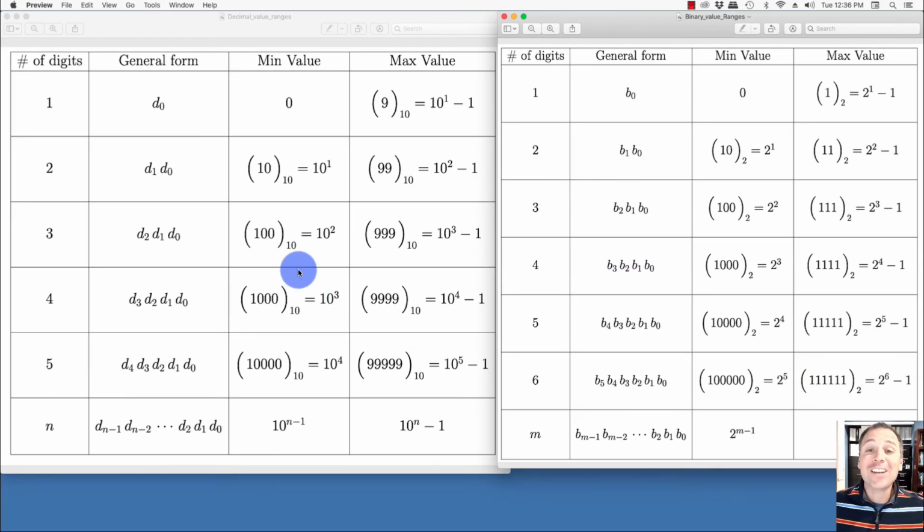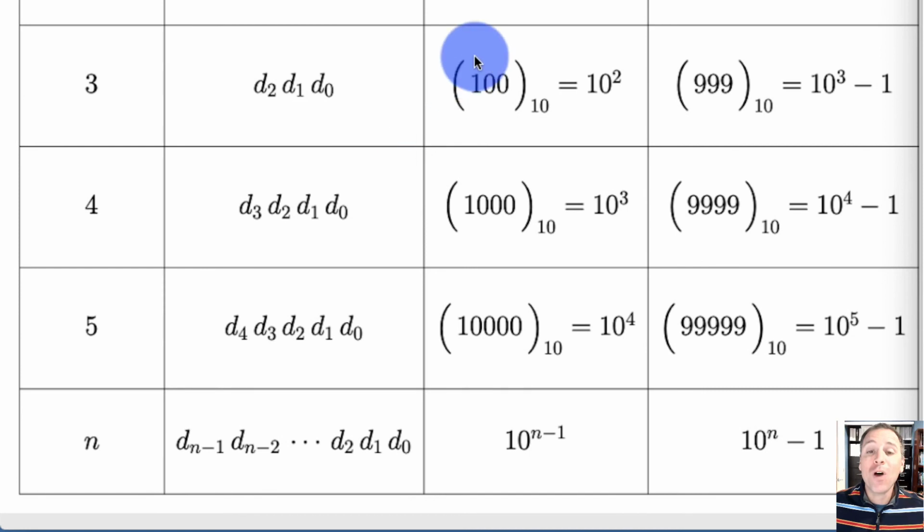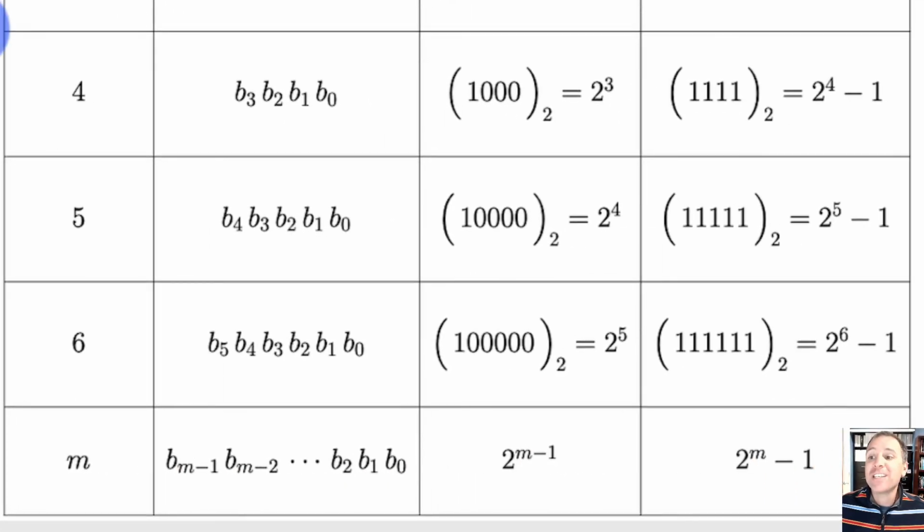This leads very naturally into today's community challenge. Specifically, we use the table on the left to generate a general understanding of the lower and upper bounds for the numbers that are encoded in an n decimal digit representation. On the table on the right, we used our explorations to see lower and upper bounds for the types of numbers that can be encoded using m binary digits, m bits in a binary representation.